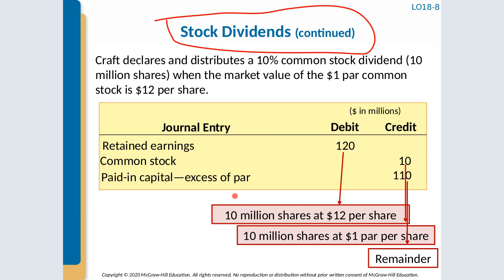So 10 million multiplied by 12. Since this is less than a 25% common stock dividend, we're going to use the fair market value of the shares. We're going to debit retained earnings for that value. Common stock is always at par, and then the difference is going to be credited to paid-in capital.